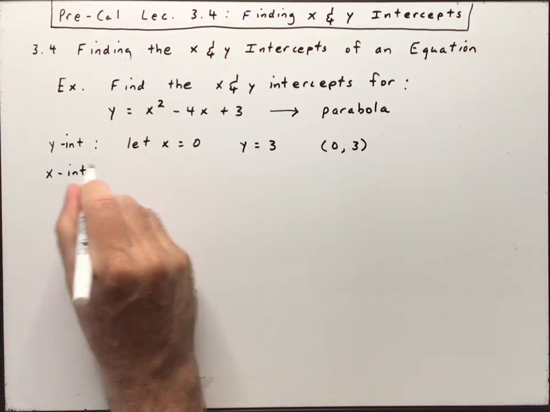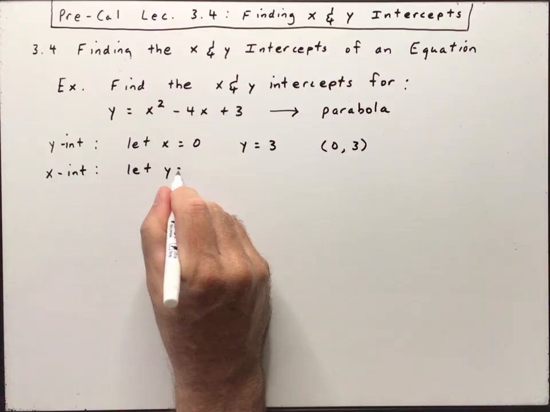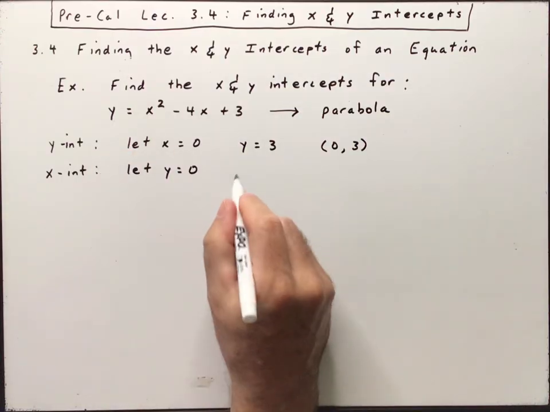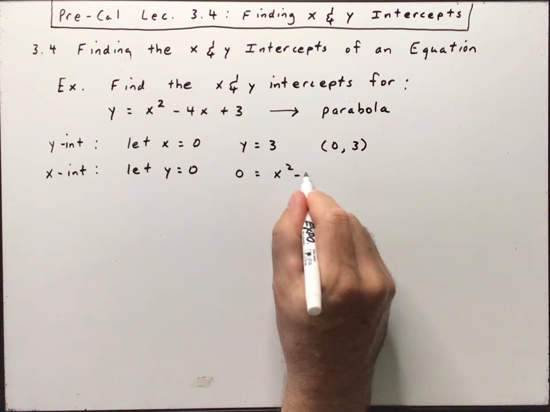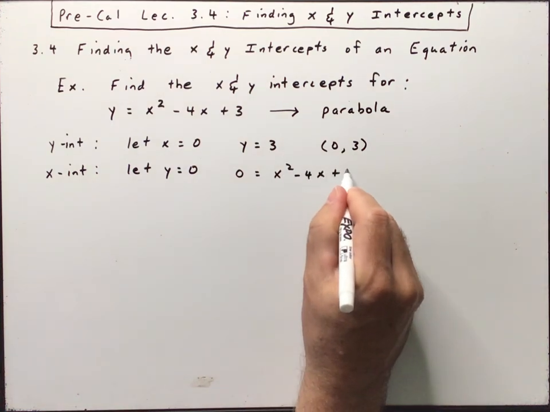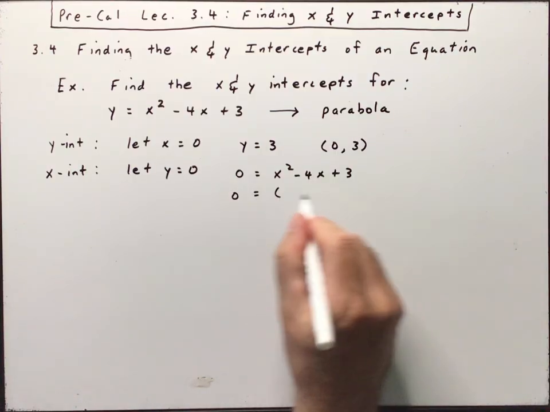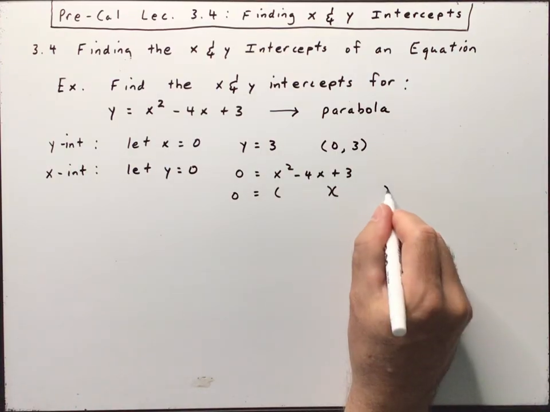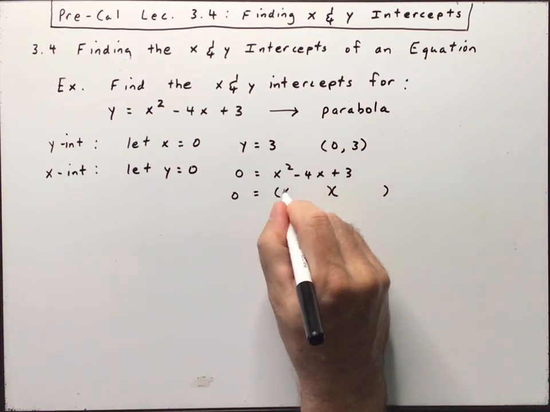Now finding the x-intercept is going to be a little more difficult. So we would have 0 for y is equal to x squared minus 4x plus 3. Well, how do we solve for x? Well, we've done this a lot. We're just going to try and factor. Now, if it doesn't factor, you could use the quadratic formula, but I probably wouldn't give it to you if you couldn't factor it.